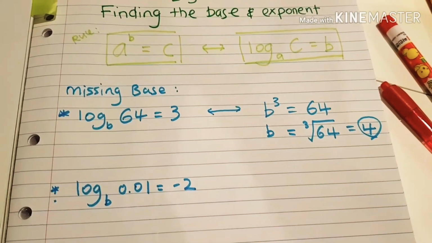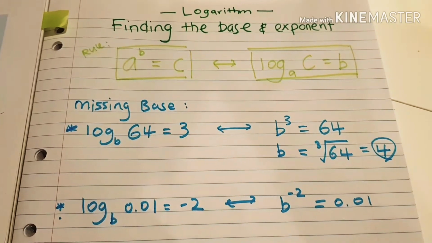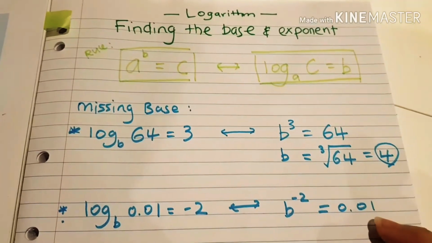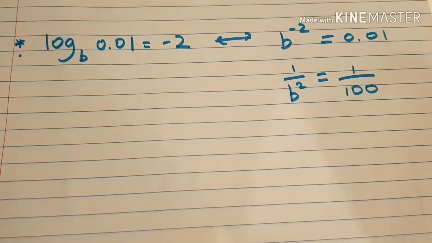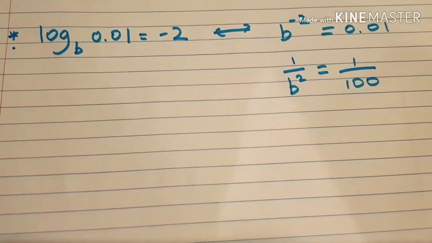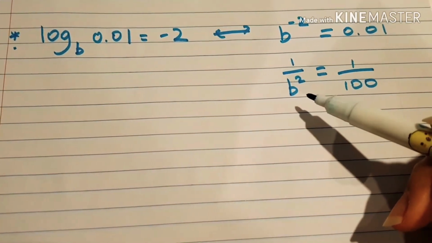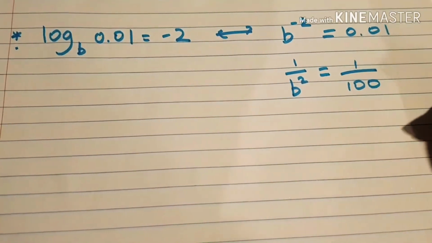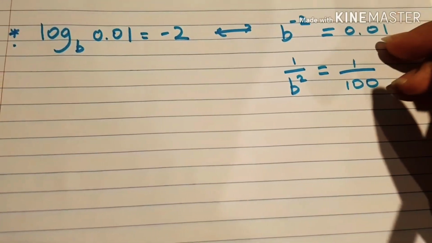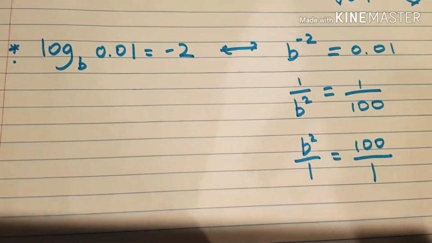Then using the rule, have a go at doing this one. Like this. This time I can put this into a fraction. But I need to find out b, so I'm going to flip each side, top and bottom, top and bottom.